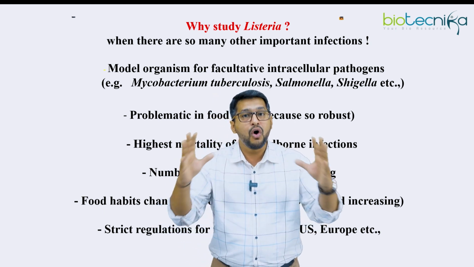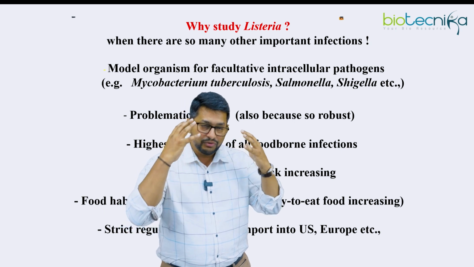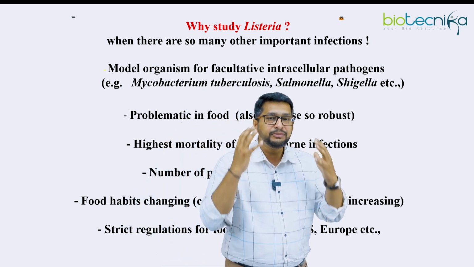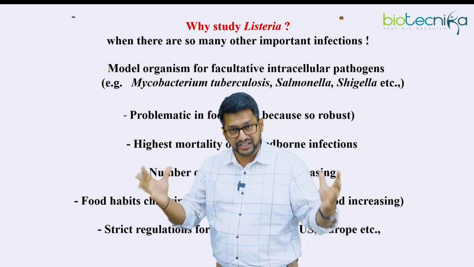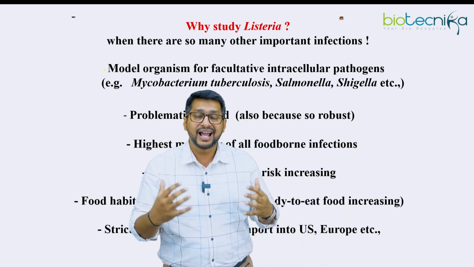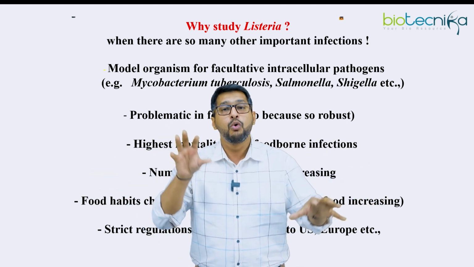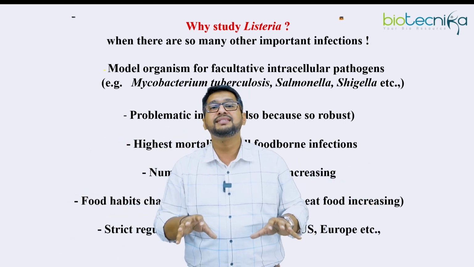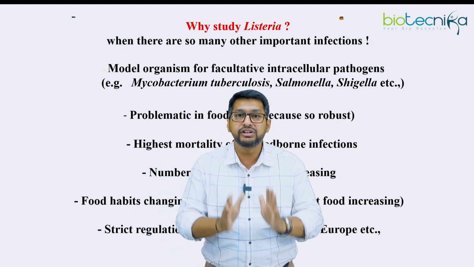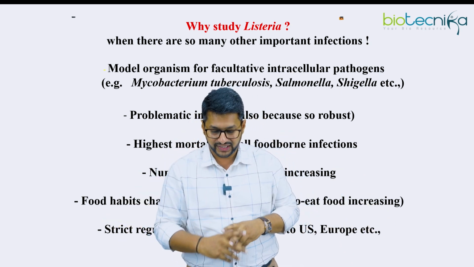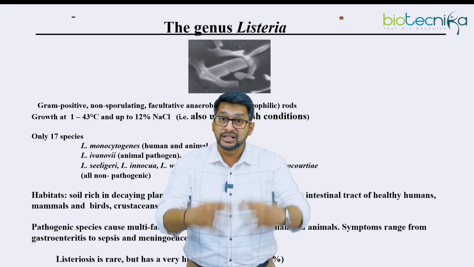Because of all these factors, we take up a bacterium which has a multifaceted effect, and we see how relevant the topic is in two different domains: a societal domain and a scientific domain. So my research should benefit both domains of society.